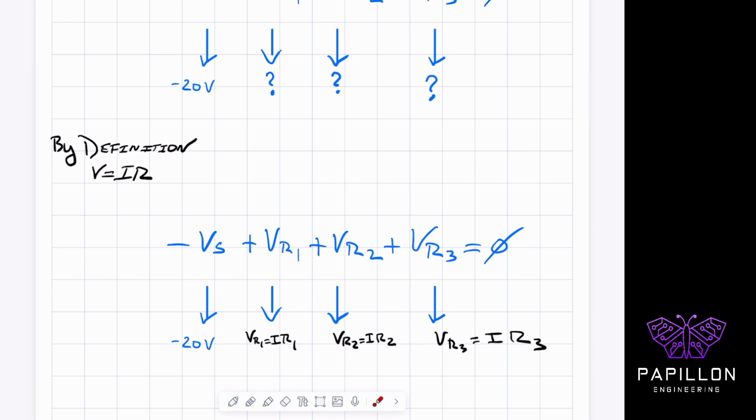In other words, V equals IR for each one, but it's specific now. So it's Vr1 equals I, notice all the I's are the same because it's a series circuit, times R1. Vr2 equals I times R2. Vr3 equals I times R3 will be our approach for this particular problem.